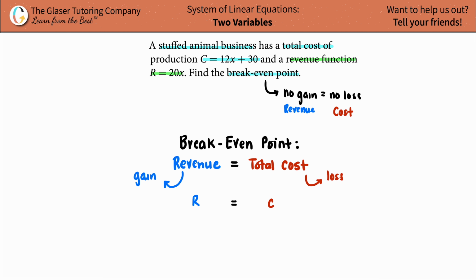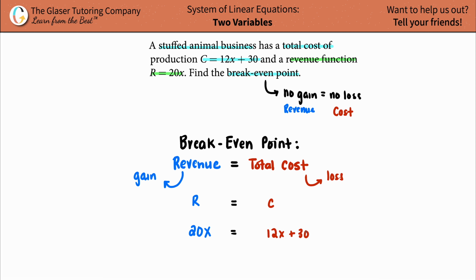Now, all we're going to do is just say what those are. What was the revenue? Oh, it equaled 20x. So we have 20x on this side. And this is going to equal, what was the cost function? Well, the cost function is 12x plus 30. So I'm just going to put 12x plus 30 over here.